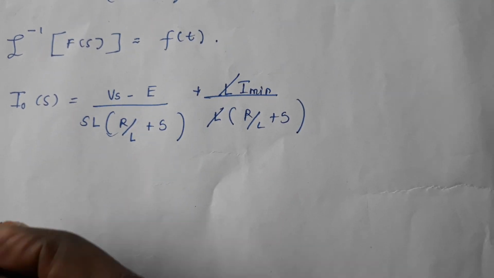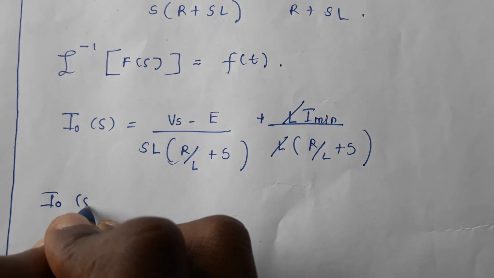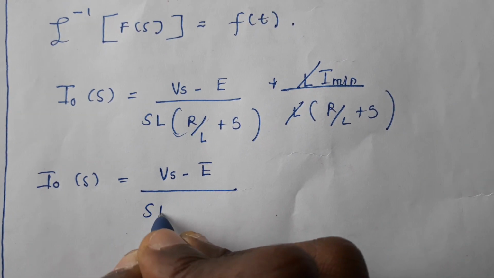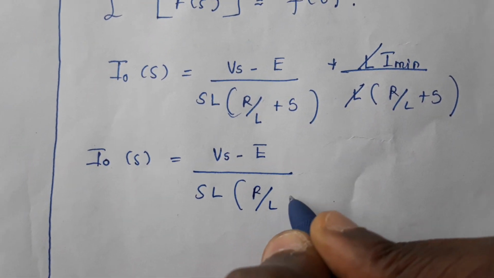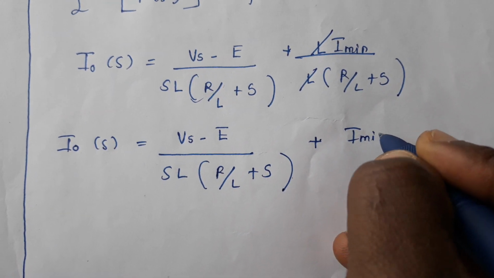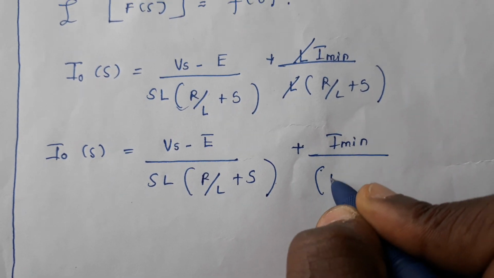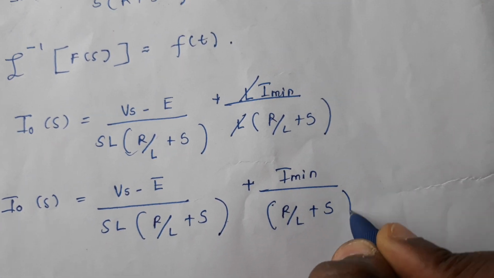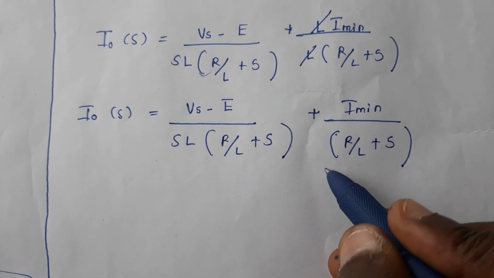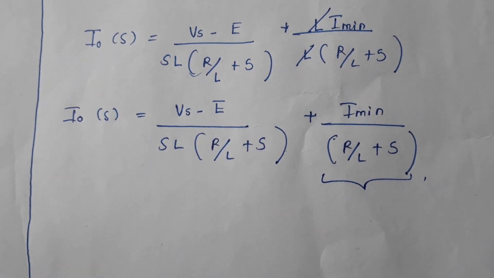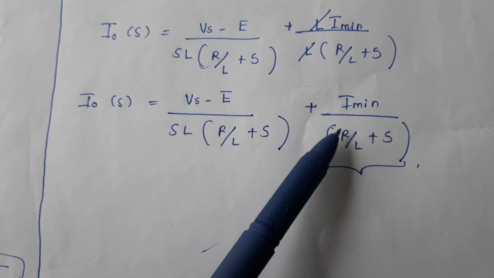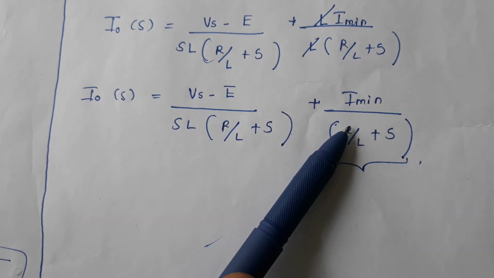Therefore, we can have I out of S equals Vs minus E over SL times R over L plus S, plus I min over R over L plus S. However, for this second part, we can get the inverse Laplace transform directly because this is a constant, this is S, and this is R over L. So we can get it directly.